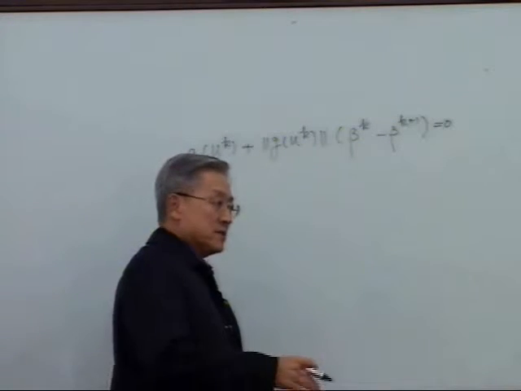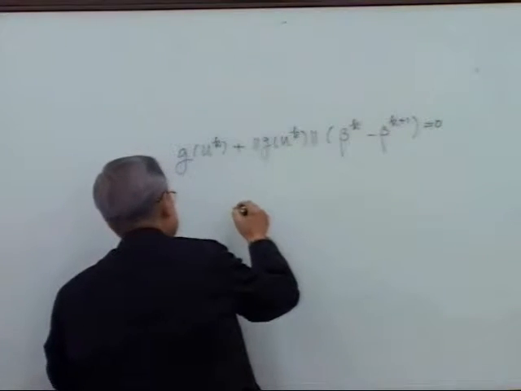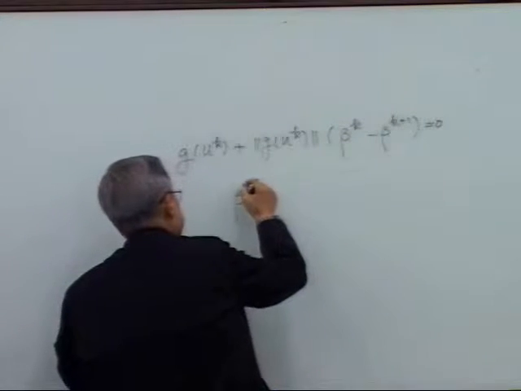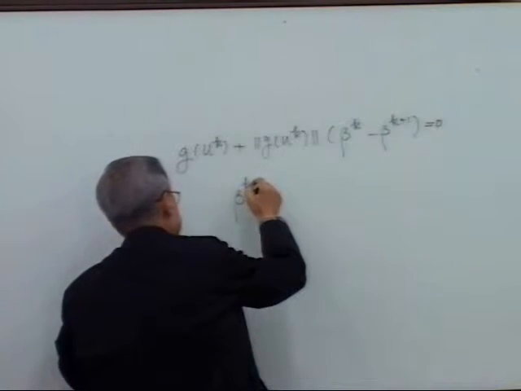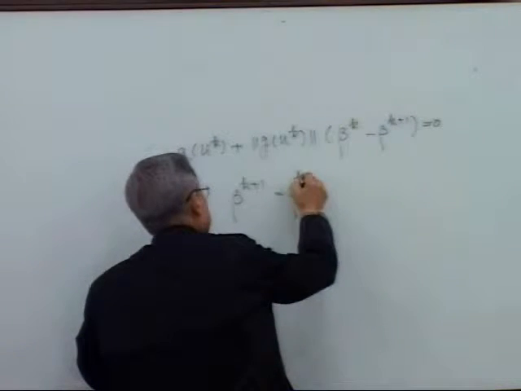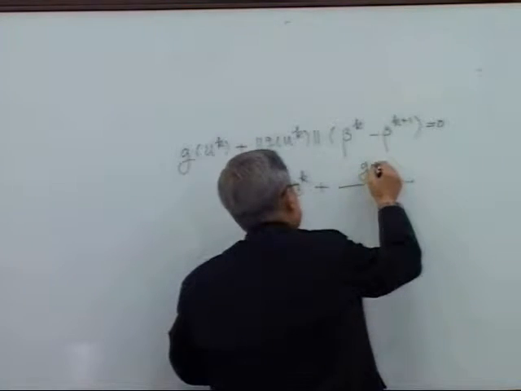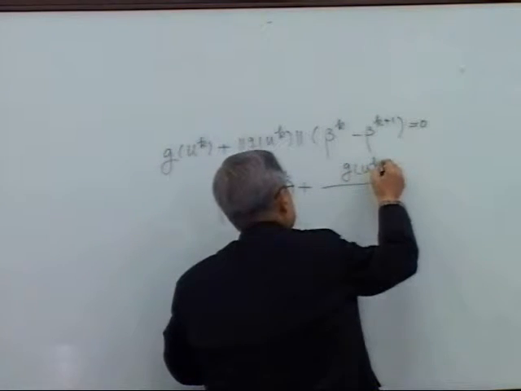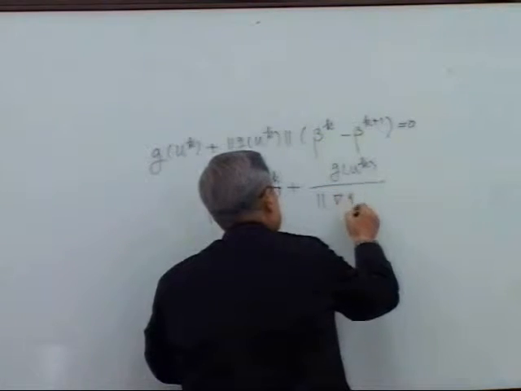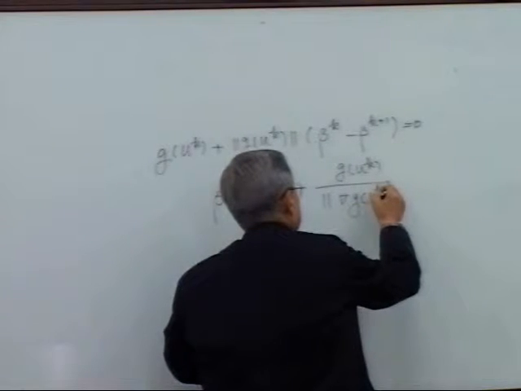Page 16, you can look at about the middle. If you rewrite this, one of the recursive formulas is beta_{k+1}.